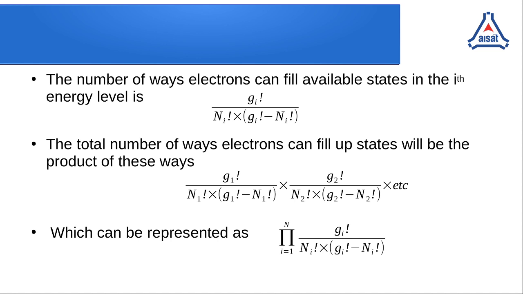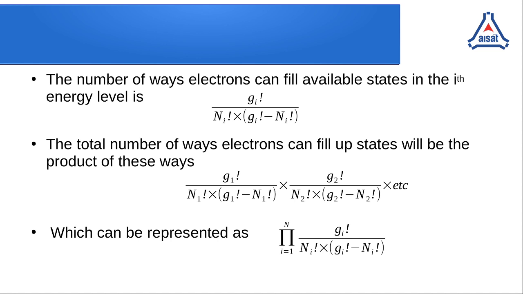If we pick the ith energy level, the number of states available in the ith energy level is Gi, and the number of electrons is Ni. So the total number of combinations will be Gi factorial divided by Ni factorial into Gi factorial minus Ni factorial.